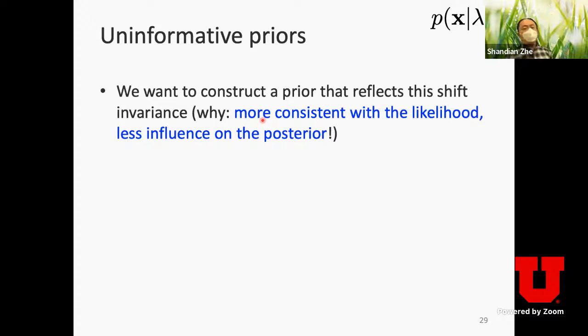So if you can make your prior as consistent as possible with the likelihood, like shift invariance in this particular case, you can imagine it will have much less influence on the posterior.